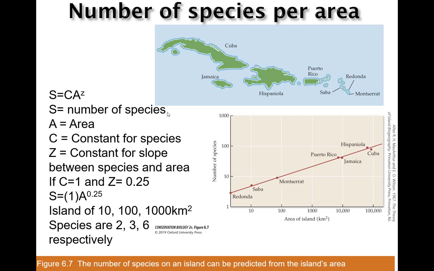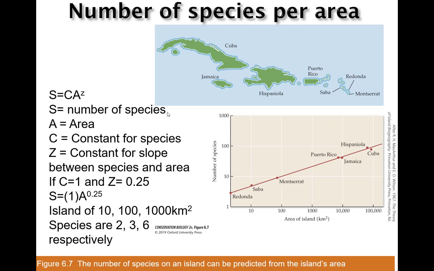C and z are both constants, and those are based on the species and the interaction of those species and the type of area that it is, whether it's an Arctic island versus, say, a tropical island. What we see is that the number of species goes up as the area of that island increases.